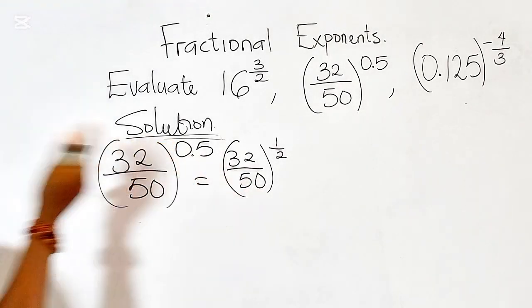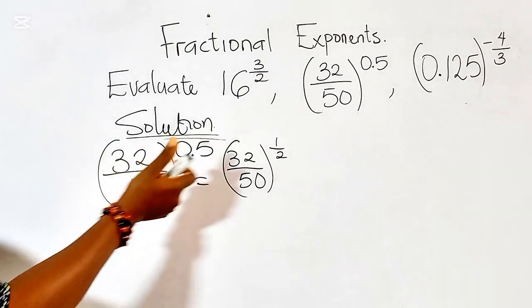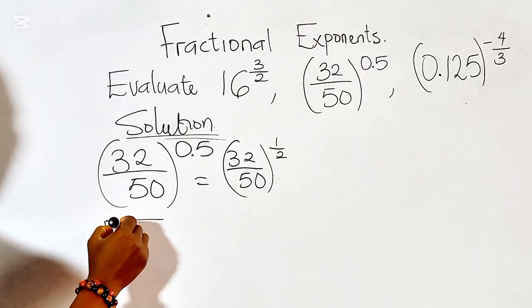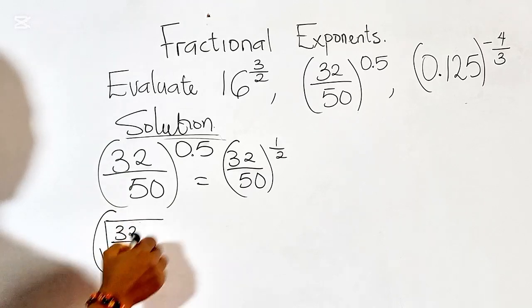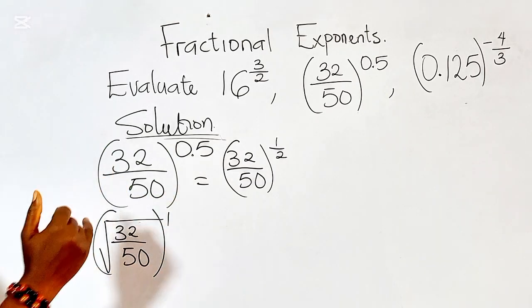As it is right now, we can choose to apply the rule by finding the square root of 32 all over 50, then raised to the power of 1. As it is now, we cannot find the square root of 32 because it's not a perfect square. Likewise, 50.